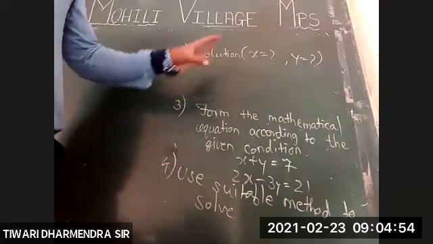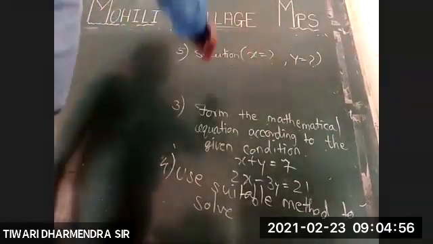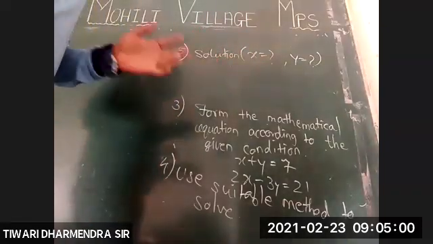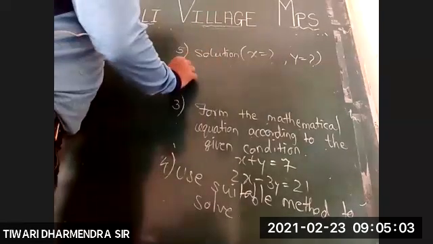So once we got the value of x and y, we substitute them in the mathematical statements to verify whether the solution that we got is correct or not.